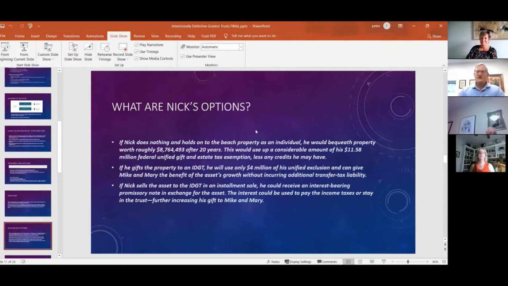So if Nick doesn't do anything, continues to hold on to the property, leaves it to his kids in his will, the property is going to appreciate to just over $8.7 million. So that's going to chew up a bunch of his unified credit.